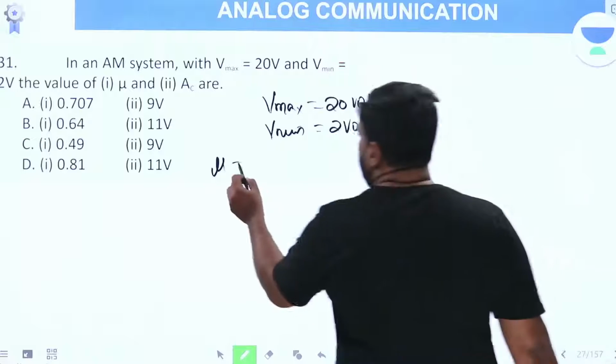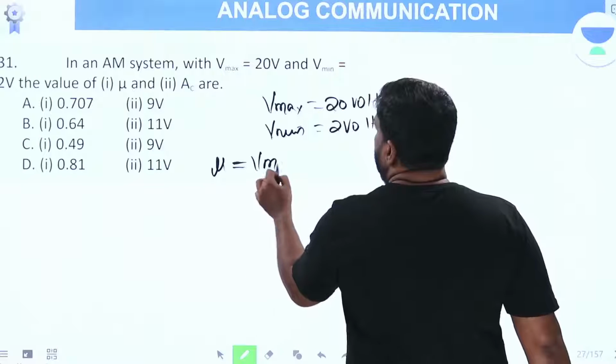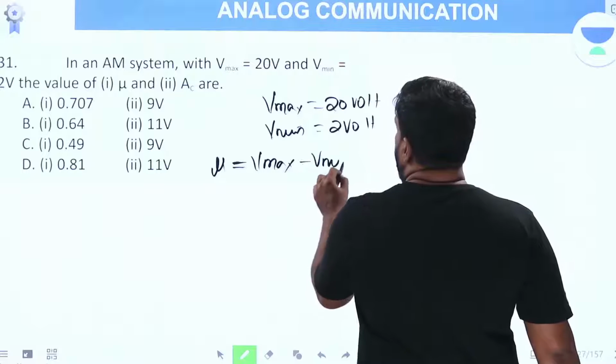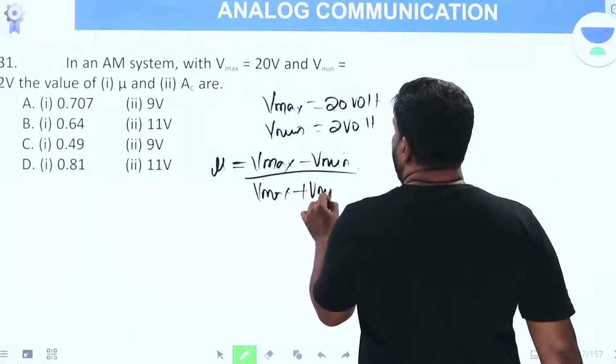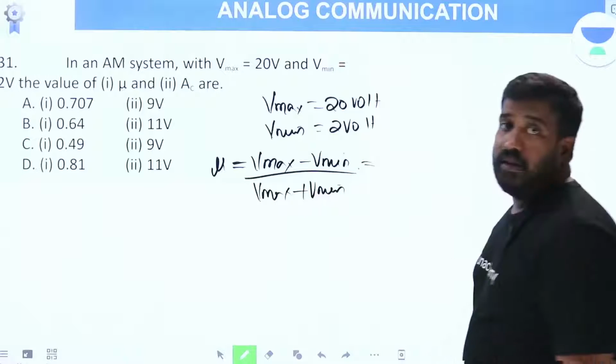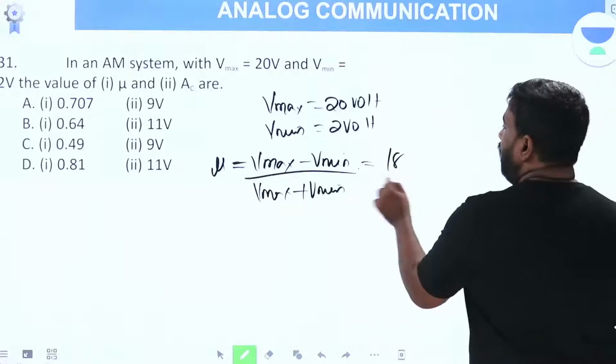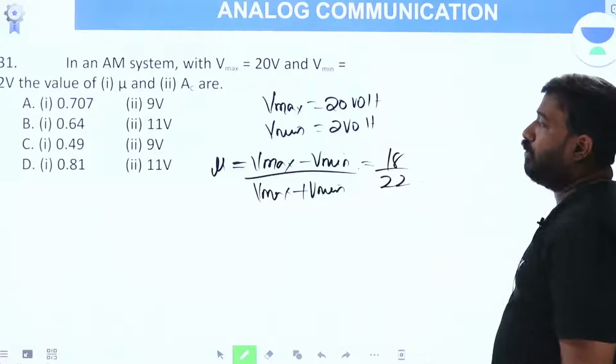Mu is equal to the formula which we had derived in our previous class, Vmax minus Vmin by Vmax plus Vmin. 20 minus 2, 18 by 22. That's the mu value.